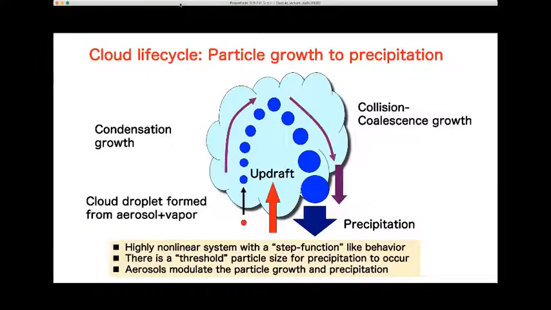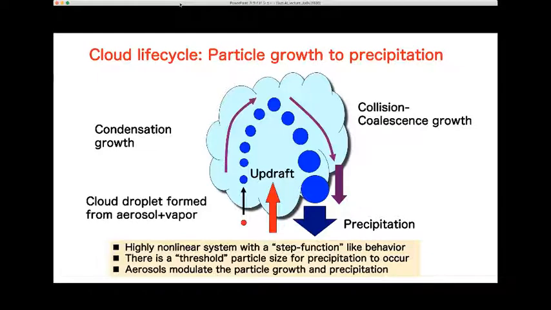And to that end, we basically have to dive into the very detailed things in the clouds. For example, trying to understand how the cloud droplets are formed and how they experience growth processes and eventually form precipitation.